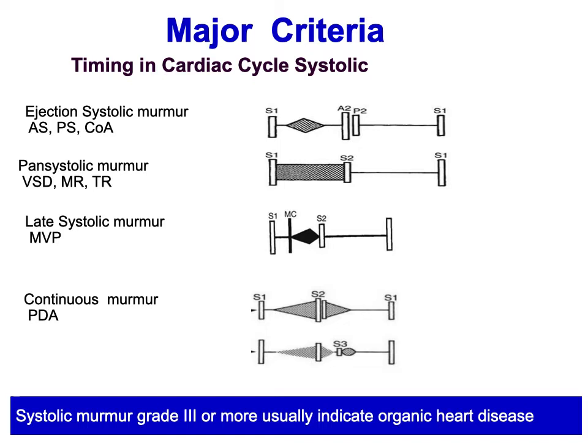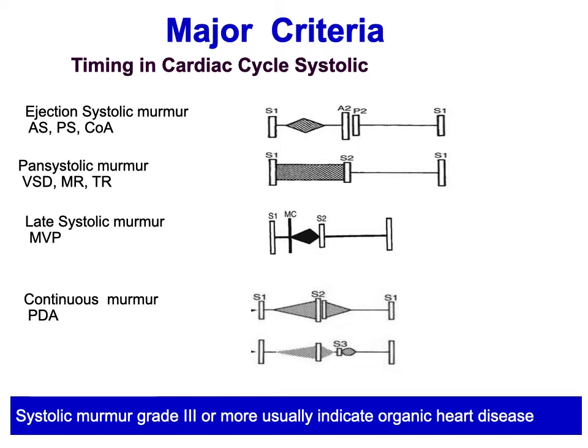It is usually a crescendo-decrescendo murmur, or diamond shaped murmur. It starts after the first heart sound with a clear gap and ends before the second heart sound with a clear gap, with intensity initially gradually picking up and then going down and fading off. That's why it is called a diamond murmur. Ejection systolic murmur is found in aortic stenosis, pulmonary stenosis and coarctation of aorta.